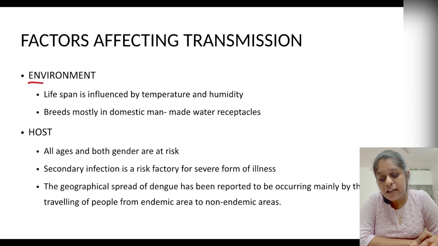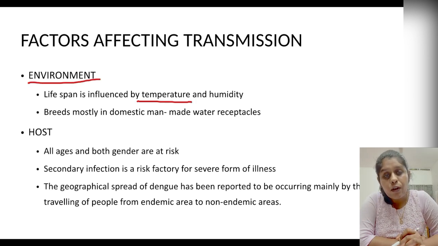So what are the factors affecting the transmission of this disease? Number one is the environmental factor. Lifespan is influenced by temperature and humidity. As we all know, dengue is a virus spread by the Aedes mosquito, and this mosquito breeds mostly in the rainy seasons when water is abundant and the humidity is favorable.